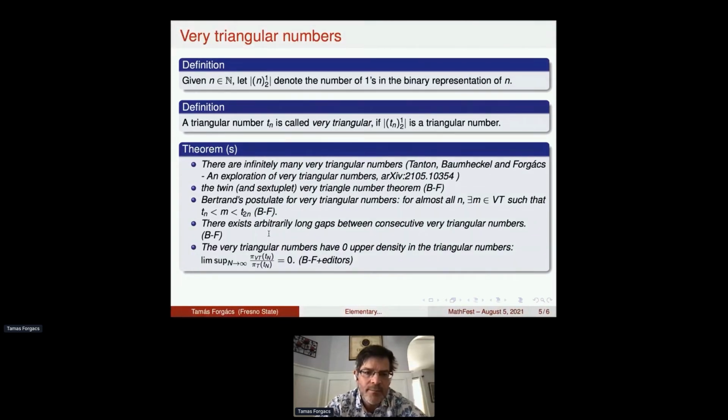The last one I want to mention here is that the density of the very triangular numbers in the triangular numbers, well, the upper density is 0. And this takes some sophisticated understanding of, well, analytic number theory, or you can just take the result from analytic number theory and apply it to this particular setting.